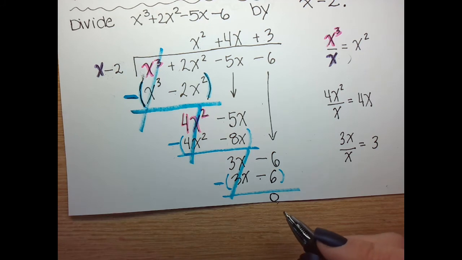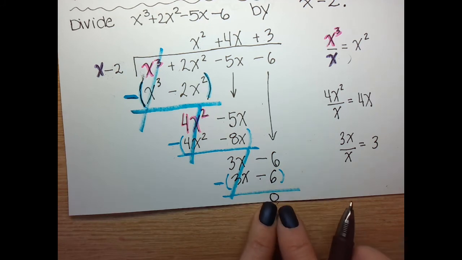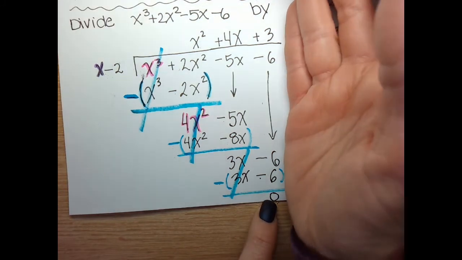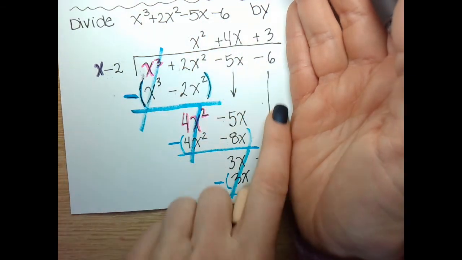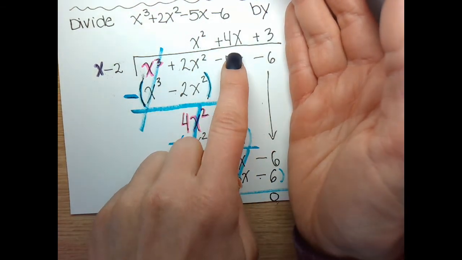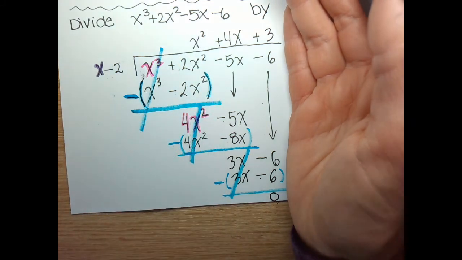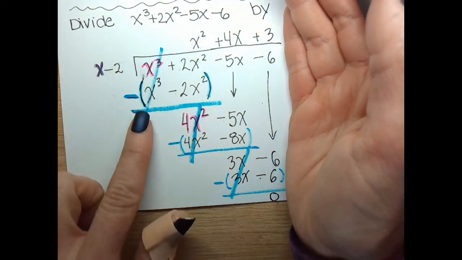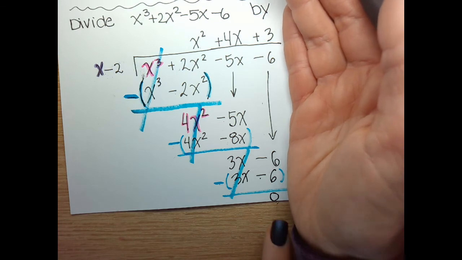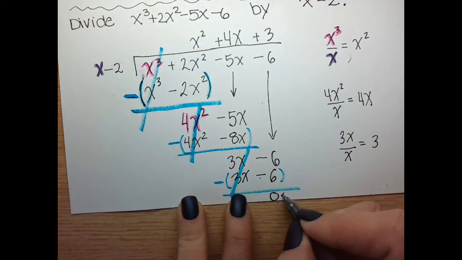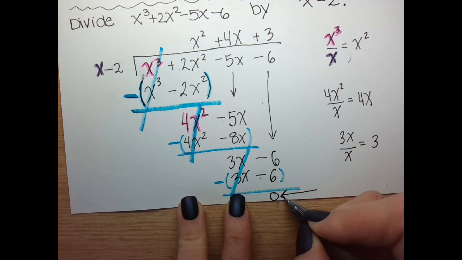Whatever number you get right here in this last step, see you're at the end of your division, everything lines up. Constants, all linear, all quadratic. It helps you know you're doing it correctly, right? All cubic. Once you get to this number, whatever that number is represents what?